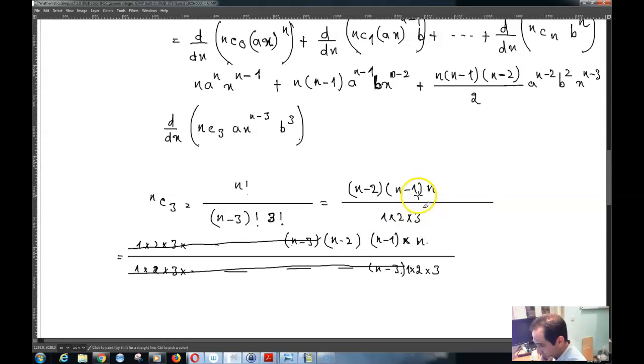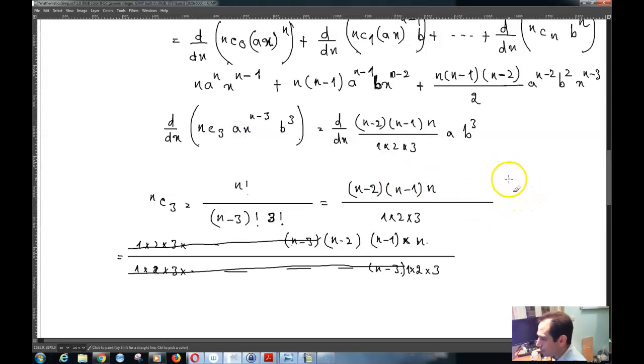So I can write this as d by dx of n minus 2 times n minus 1 times n over 1 times 2 times 3, times a raised to the power n minus 3, times b raised to the power 3, and that is ax whole raised to the power n minus 3.